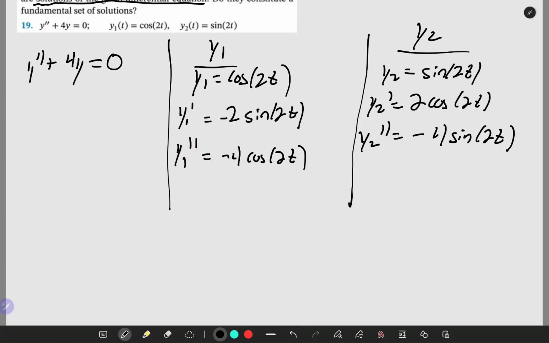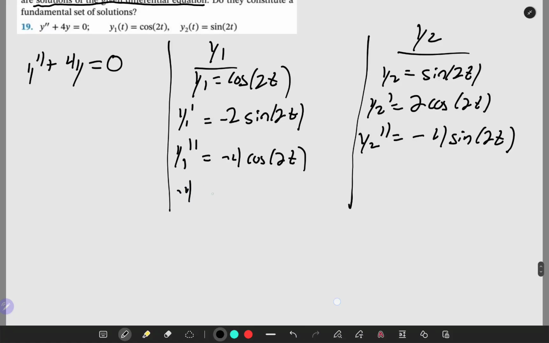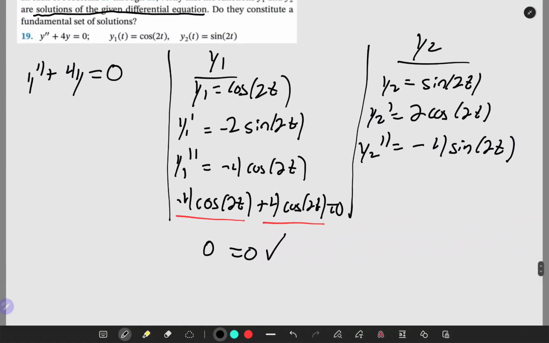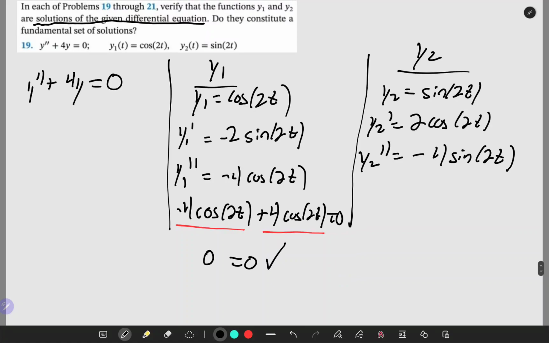So if we plug those back into here, we have negative 4 cosine of 2t plus 4 times y, which is cosine of 2t. And guess what? These are the same, different opposite signs. We're left with 0 equals 0. Right there, that proves that y1 is a solution of the given differential equation.